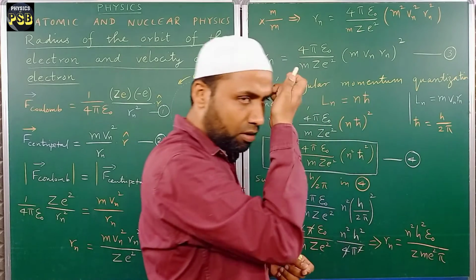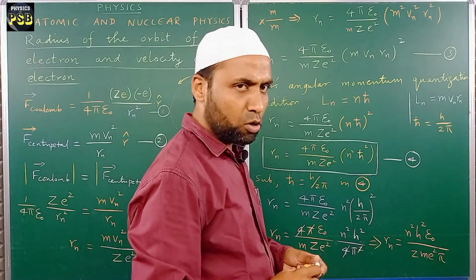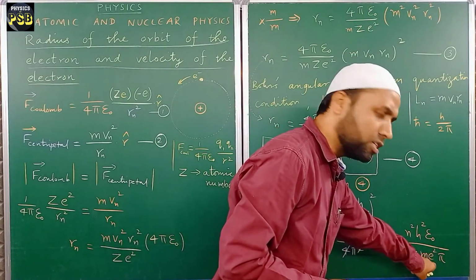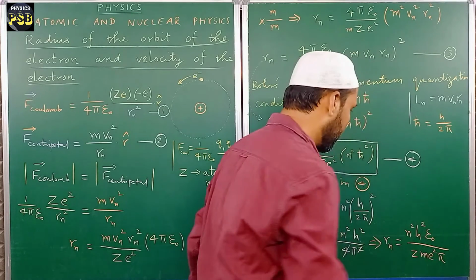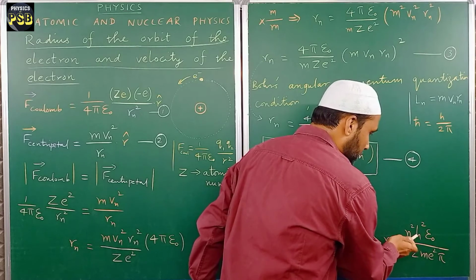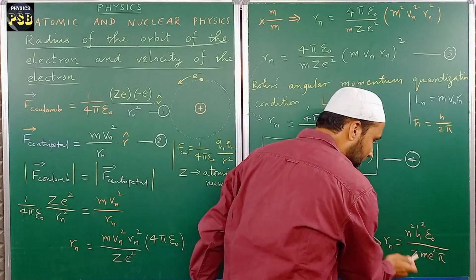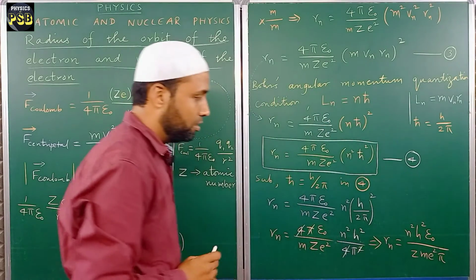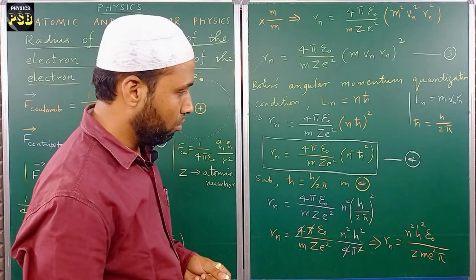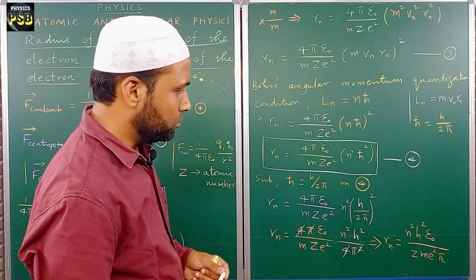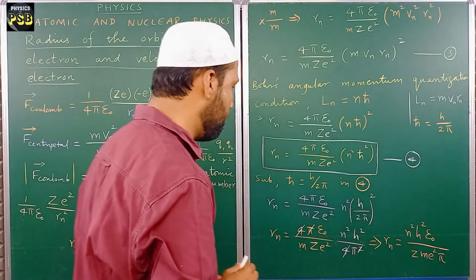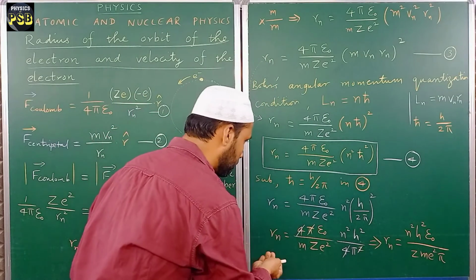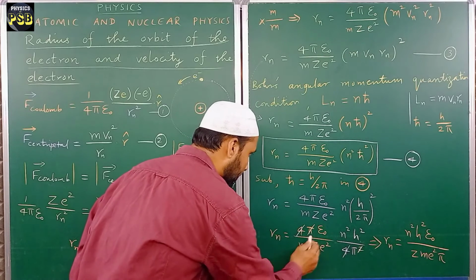M is the mass of the electron and e is the charge of the electron and pi is the mathematical constant. So except n, all the terms are almost constant. Fine. So I get this.